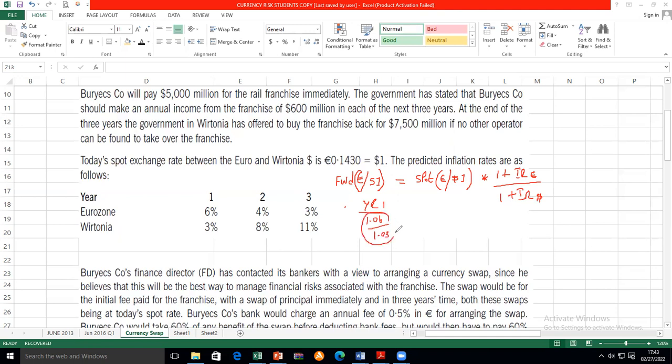So that's a factor that you're going to use. In year two, what's your factor? 1.04 over 1.08. That's a differential that you're using. In year three, 1.03 divided by 1.11. So these are the inflation differentials that you're going to use.